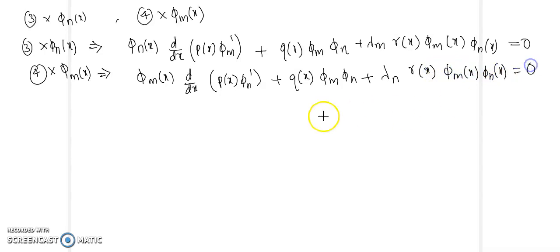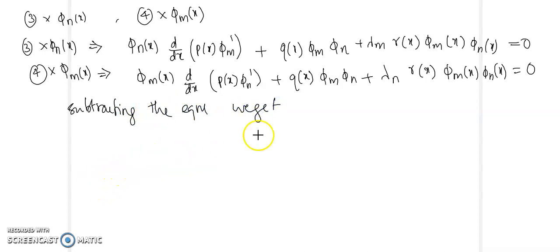Now subtracting both the equations, the q terms cancel out. Here r phi m phi n is common.